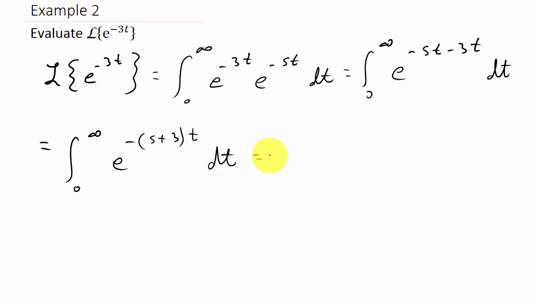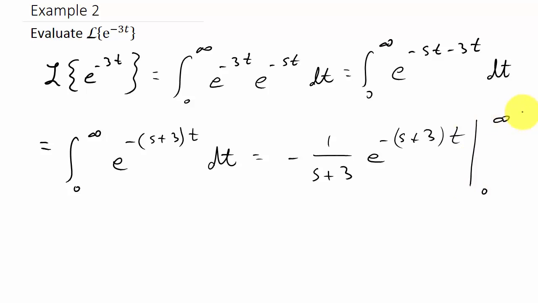Now let's integrate. When we integrate this, that's going to be negative 1 over s plus 3 times e to the negative s plus 3 times t, and I'm going from 0 to infinity.